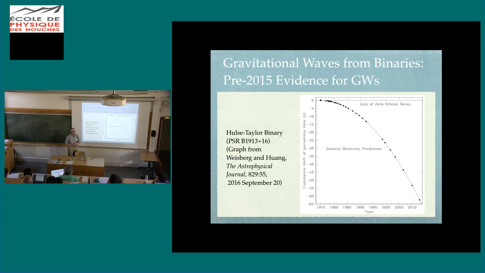So before LIGO, this was the best evidence for gravitational waves that existed, but it's still awfully good evidence that this whole scheme that we've cooked up with taking the second order perturbations of the weak field and doing all of that yields the right stuff.